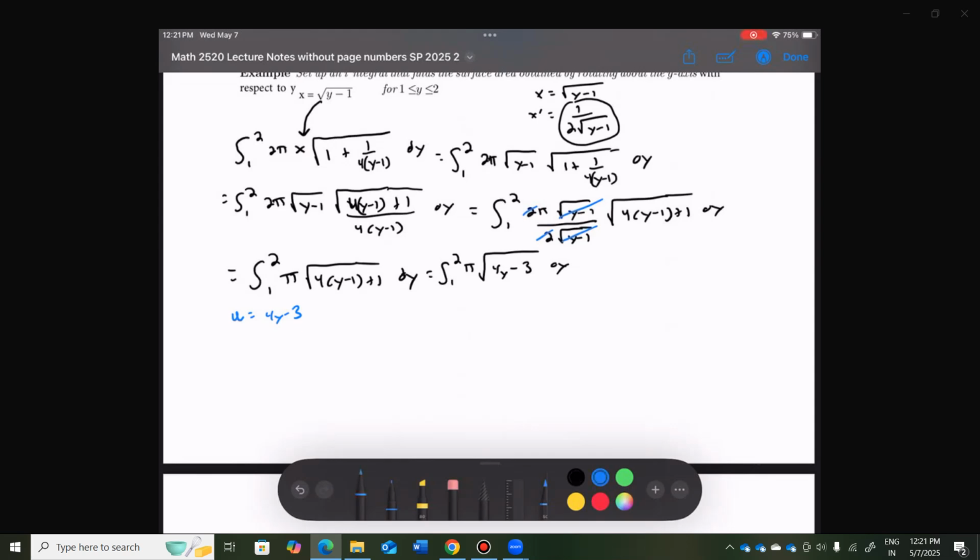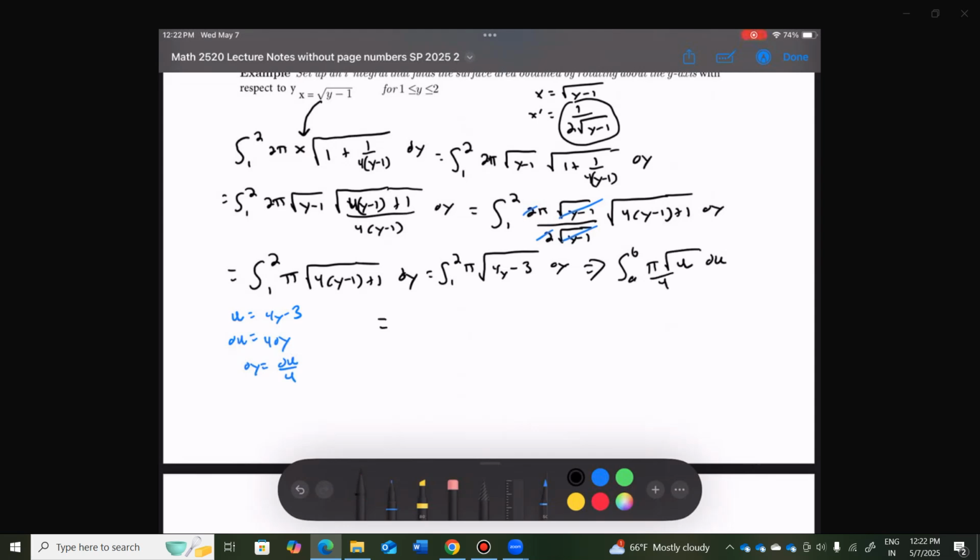And so du equals 4 dy, so dy equals du over 4. Since I'm changing my variable, I'm not going to put limits there yet. So integral of pi square root of u, and then du over 4.